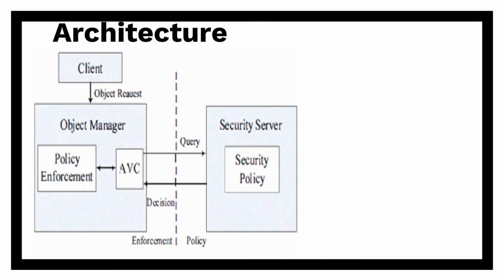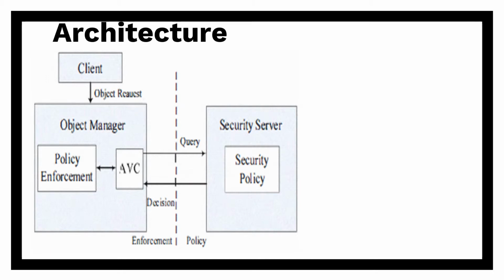Whatever decision is made is cached in the access vector cache. So whenever that particular object tries to access the same resource or process, it will look at the AVC rather than going to the security server to check the policy.